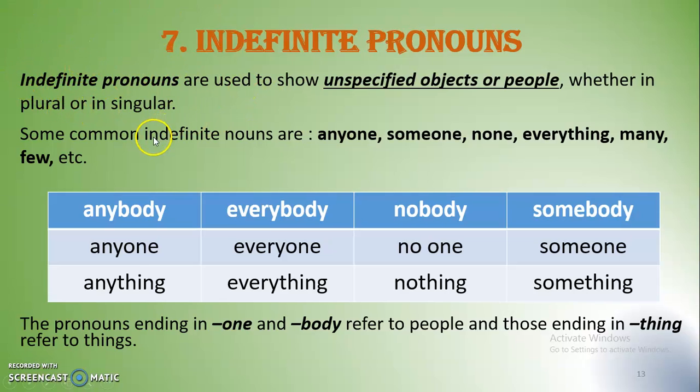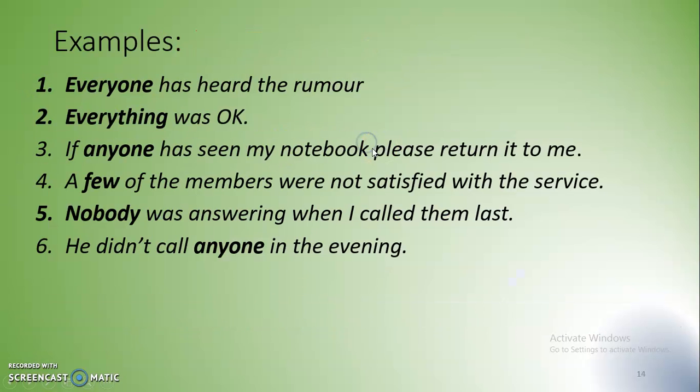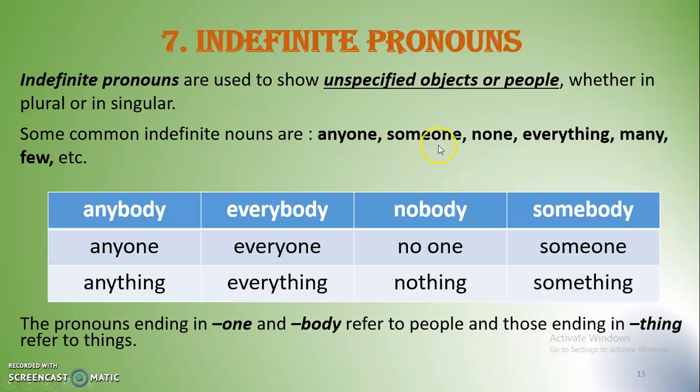Some common indefinite pronouns are anyone, someone, none, everything, many, few, etc. So these words, we cannot say refer to one particular person. It may refer to any person, so that is indefinite. It is indefinitely mentioning some person or thing, right? So that is why it is referred to as indefinite pronouns.